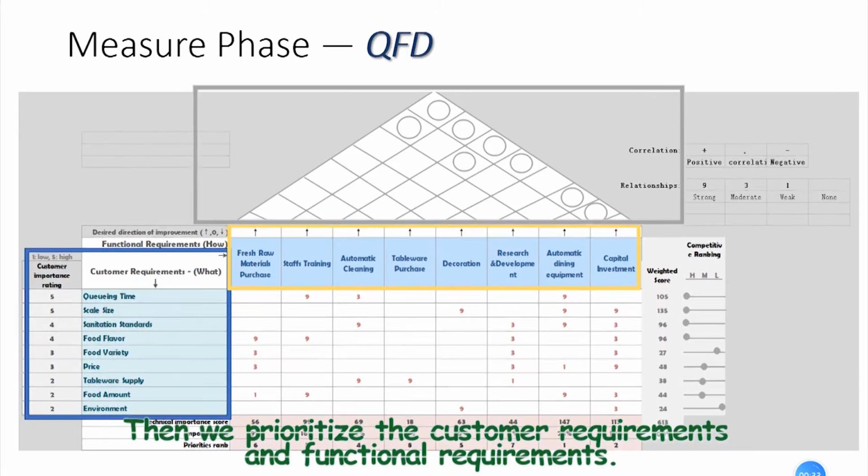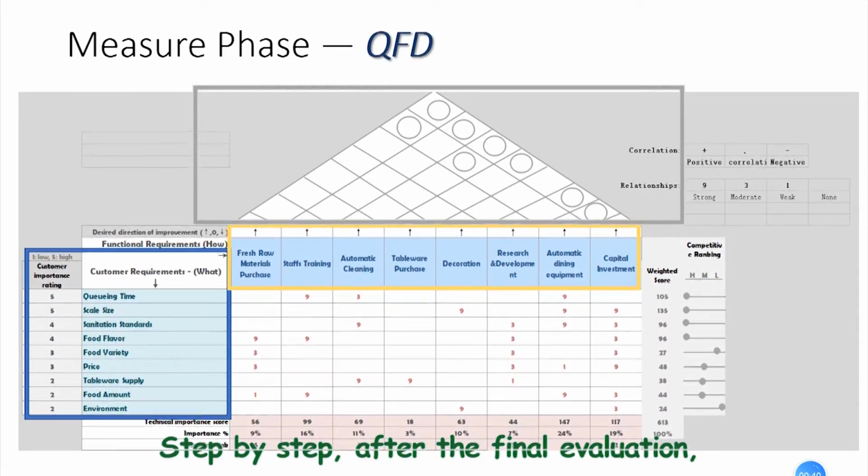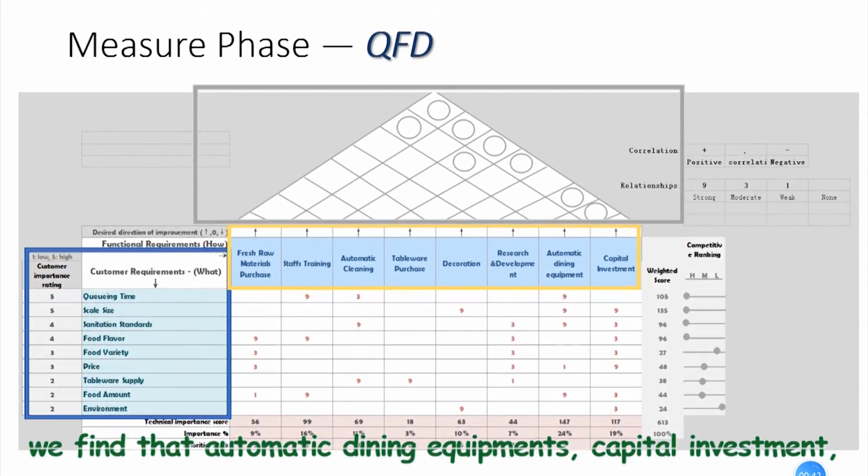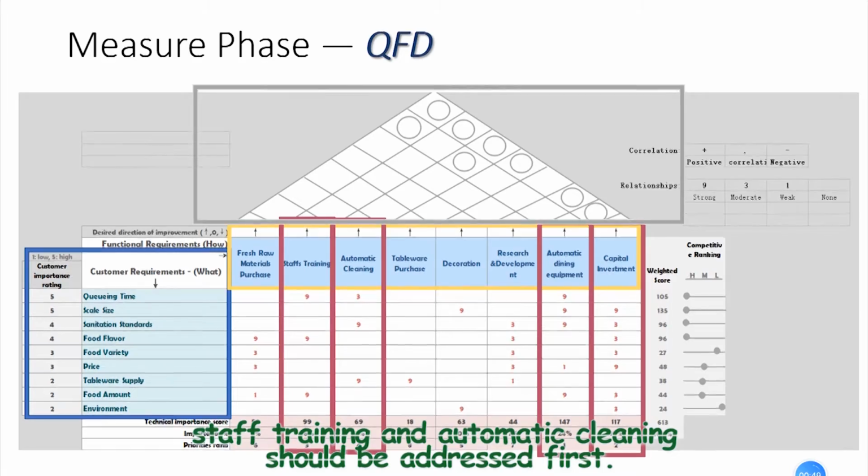Then, we prioritize the customer requirements and functional requirements. Step by step, after the final evaluation, we found that automatic dining equipment, capital investment, staff training, and automatic cleaning should be addressed first.